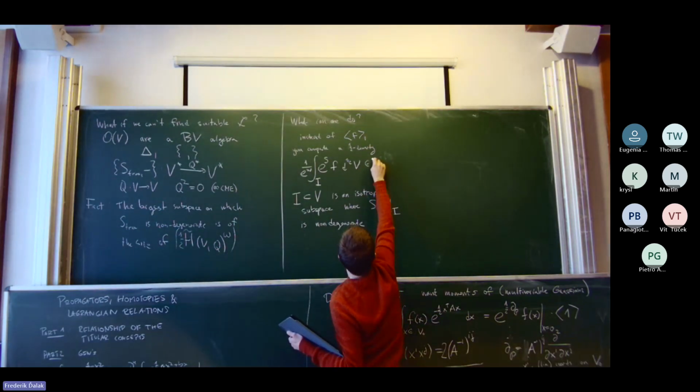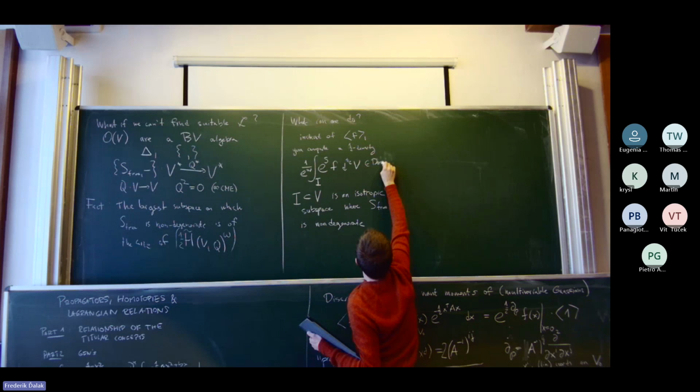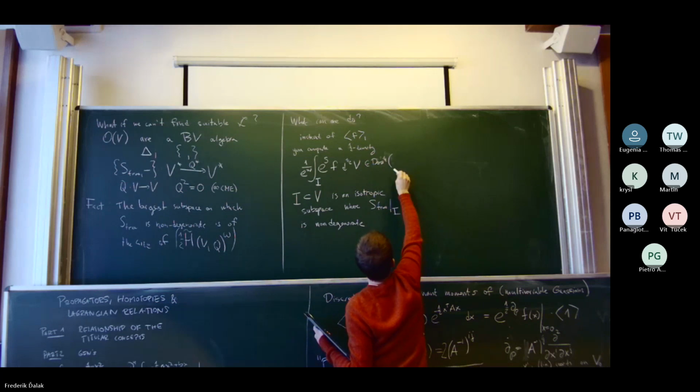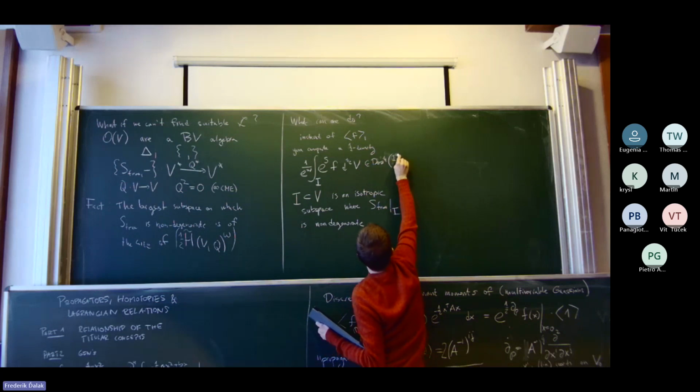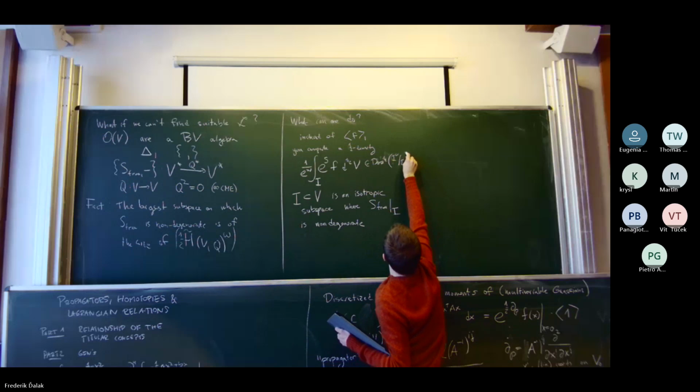And what you get is a half density on the so-called isotropic reduction with respect to I.